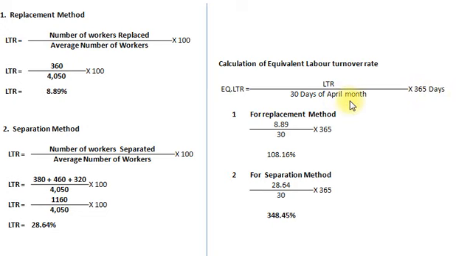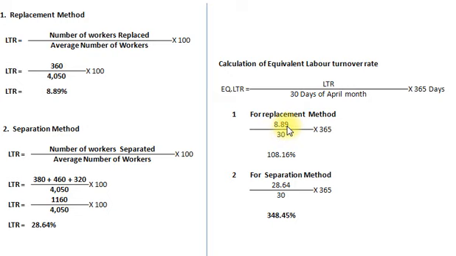In our example, information is for April and there are 30 days in April, so we divide labor turnover rate by 30 days. So first we will calculate equivalent labor turnover rate for the replacement method. The formula is labor turnover rate divided by days in April multiplied by 365.